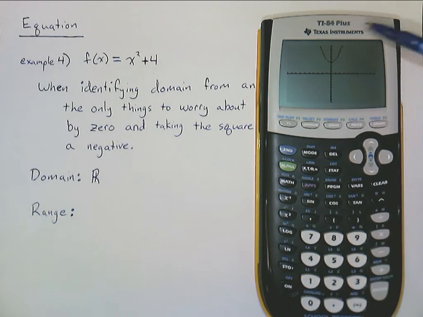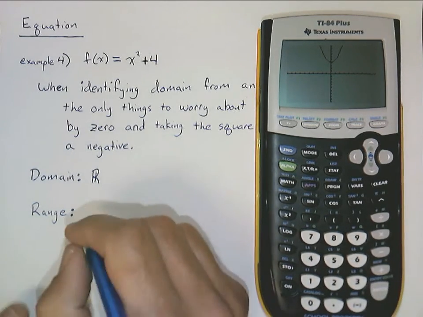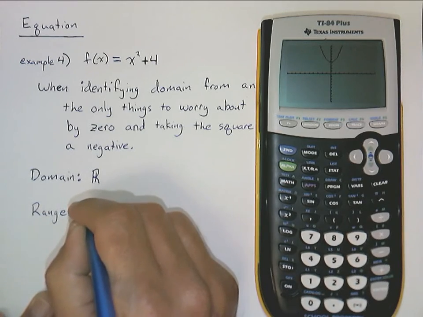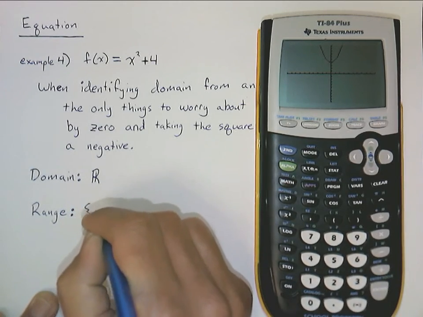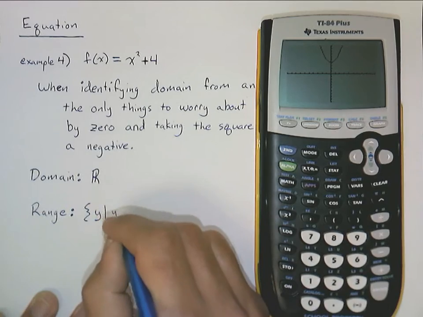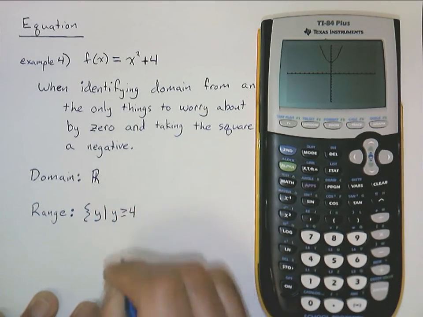Oh, wouldn't you know it, there's our nice parabola, as all quadratics do. And we see the smallest value is there at 4. So the range here, if we wanted to use set notation, is the set of y's such that y is greater than or equal to 4.